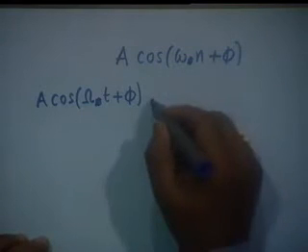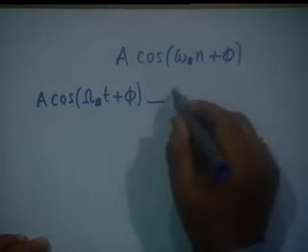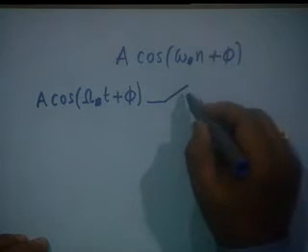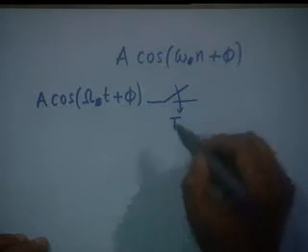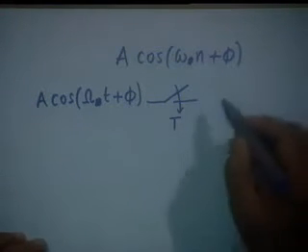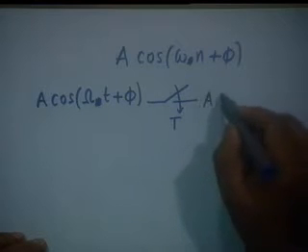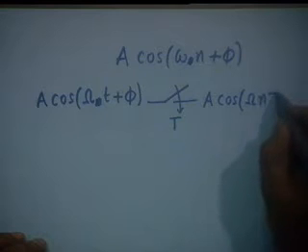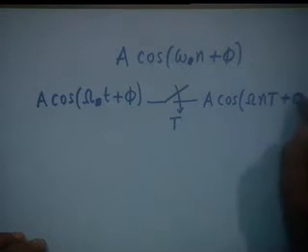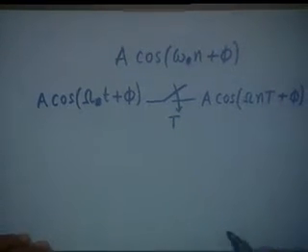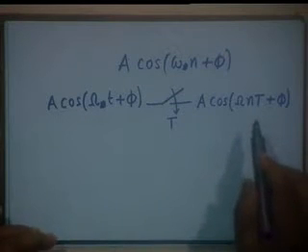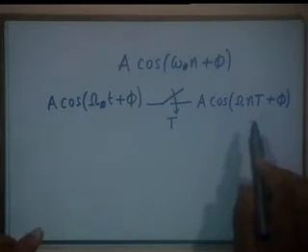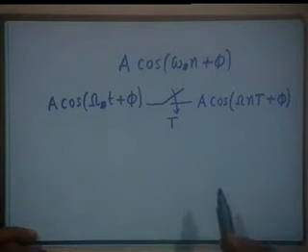Then to obtain this digital signal, how do you obtain it? Sample it at every capital T, then what you get is A cosine capital omega n T plus phi, and after A to D conversion you get A cosine omega n plus phi.